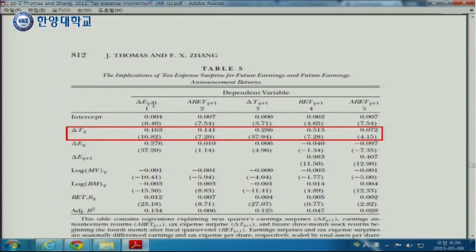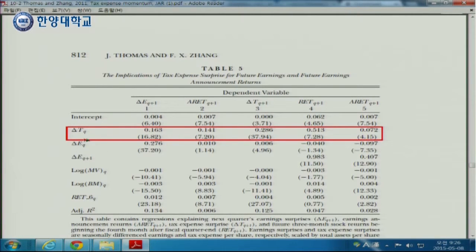That's a bit intuitive, but again, the interesting part is that in this regression relationship, we include both T and E, both tax expense and earnings surprise. So this coefficient is in some sense a pure effect. I mean, pure in the sense that it is the additional effect of tax expense surprise after we take into account the effect of earnings surprise.